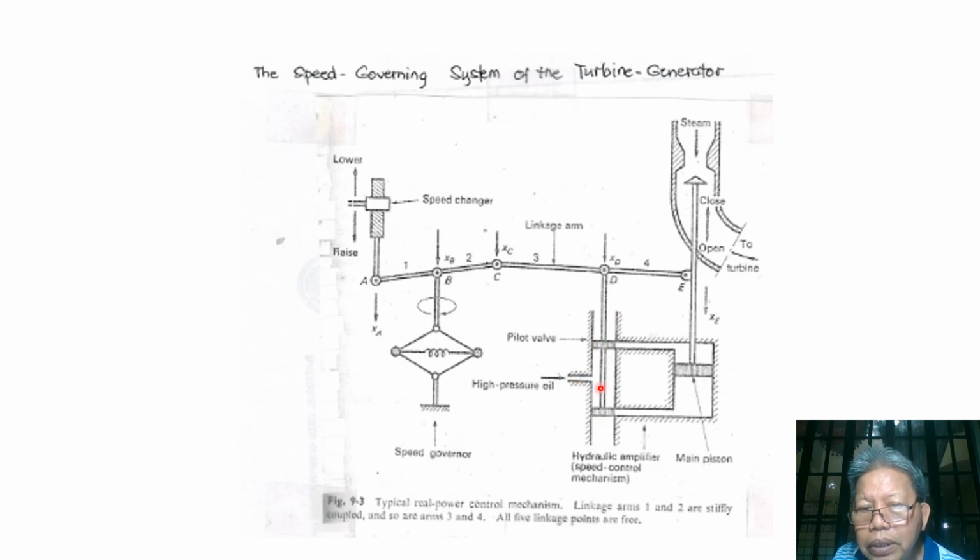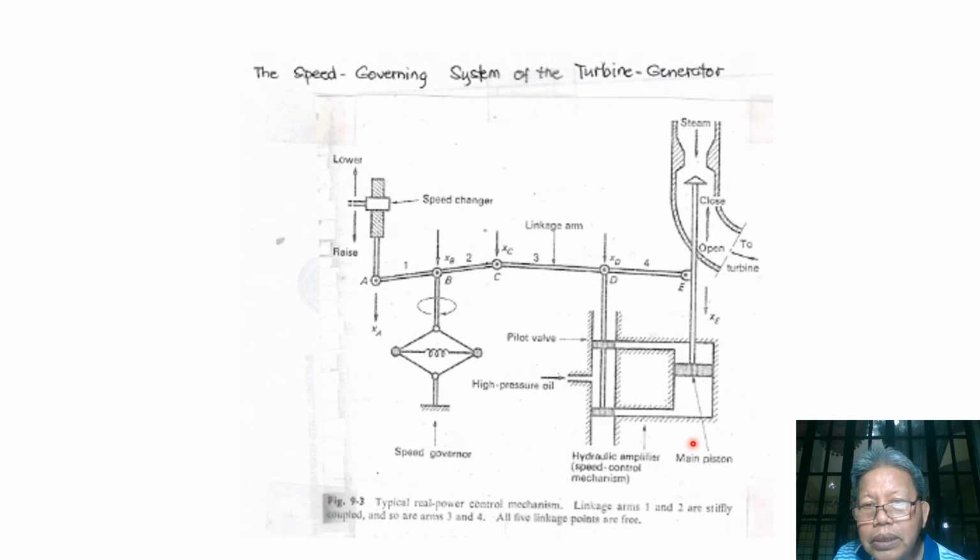With this one open and this one closed, oil will flow through the bottom of the main piston, pushing the rod up and partially closing the steam valve. So it is partially shutting down our steam valve.